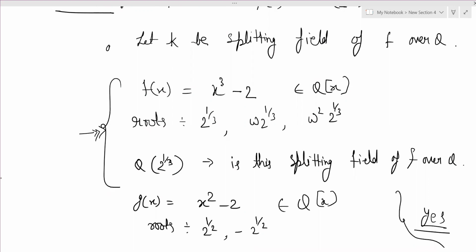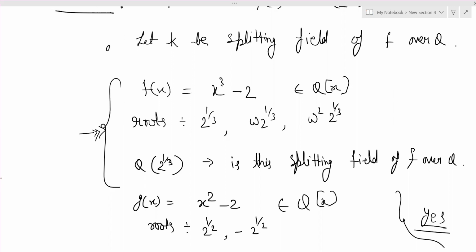Can you write it as linear factors here in Q(2^(1/3))? Omega·2^(1/3) and omega squared·2^(1/3) are not members of Q(2^(1/3)). That's why omega·2^(1/3) is not a member of Q(2^(1/3)).